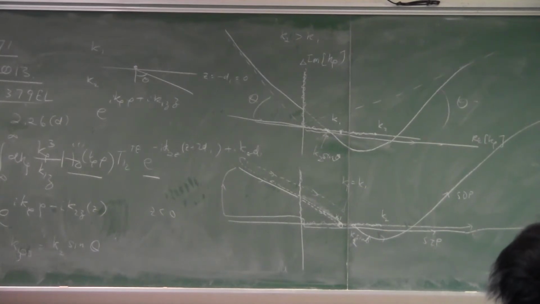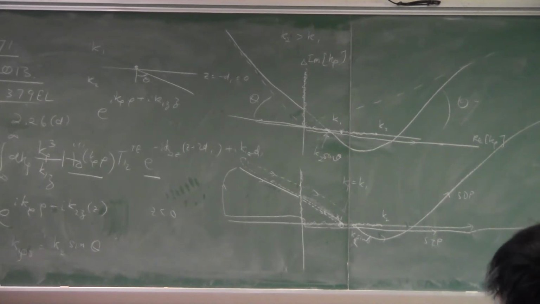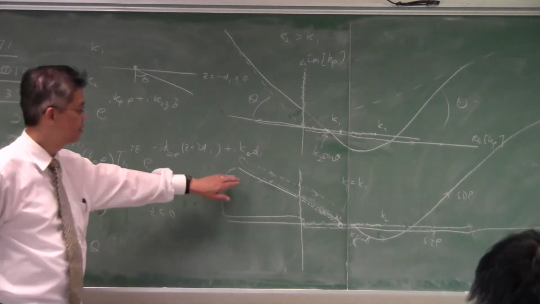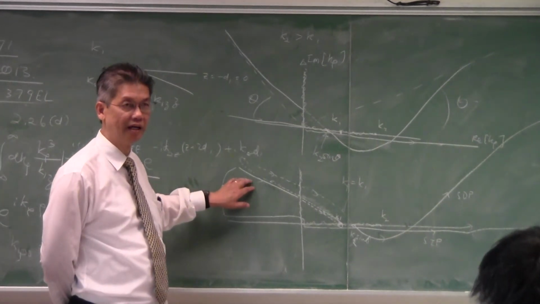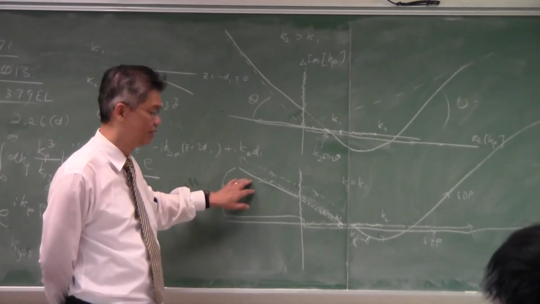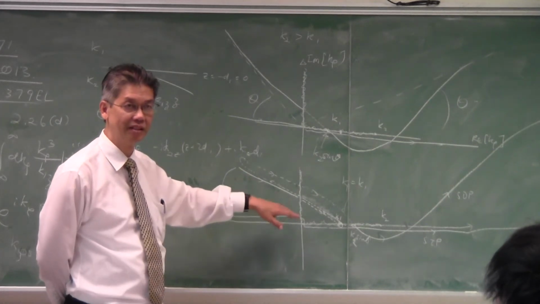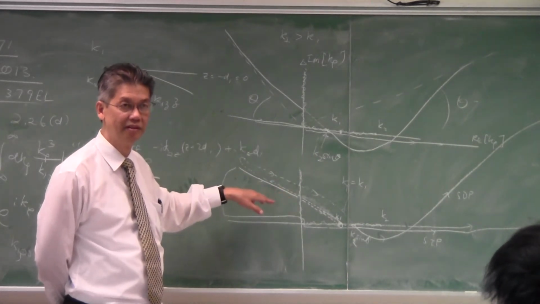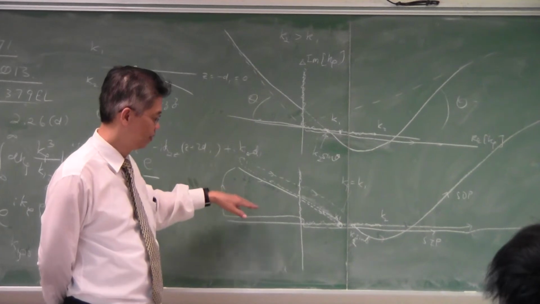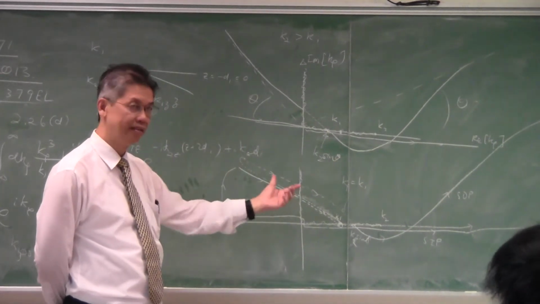If I draw from left to right, the integration path is the solid line from left to right. This is the uppermost sheet. I actually have an example for a leaky waveguide, something that looks like this in the textbook, where K1 and K2 are something like this.